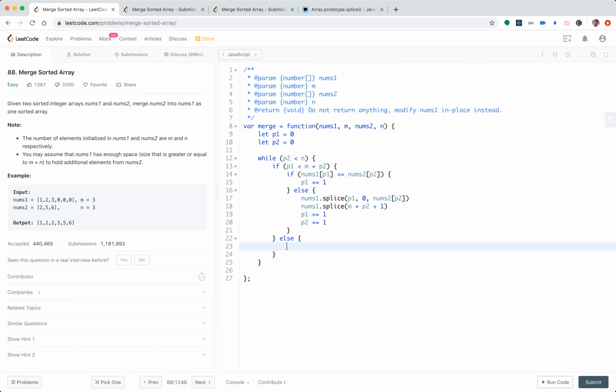We just say nums1 P1 equals nums2 P2. P1 plus 1, P2 plus 1. We return nums1. Run the code.